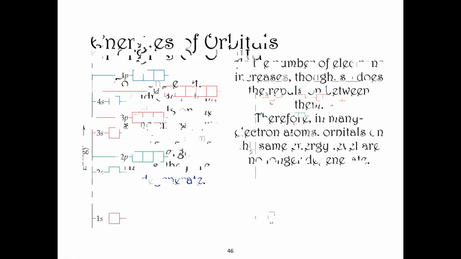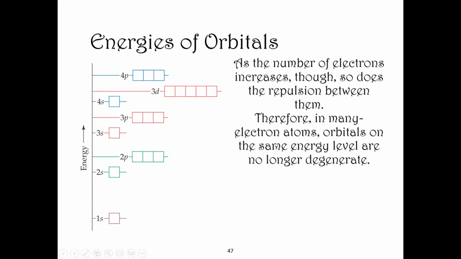But what we're going to see with other atoms is that once we start to introduce multiple electrons, now instead of just the attraction between that one electron and the one proton in the nucleus, we're going to start to have repulsion between those multiple electrons. And that's actually going to affect the energy level of these different orbitals.